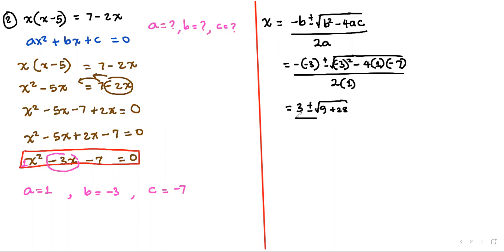And now we divide it by 2 times 1, which is 2. Okay? In our next step, we have 3 plus or minus the square root of 9 plus 28. And 9 plus 28 gives 37. You see that? And now we divide it by 2.